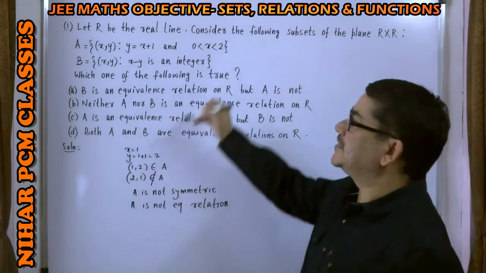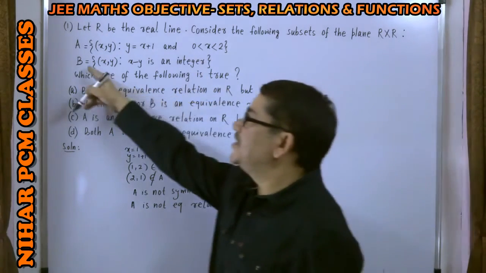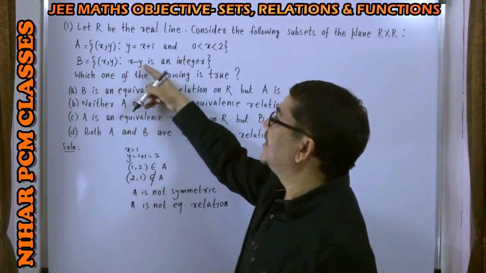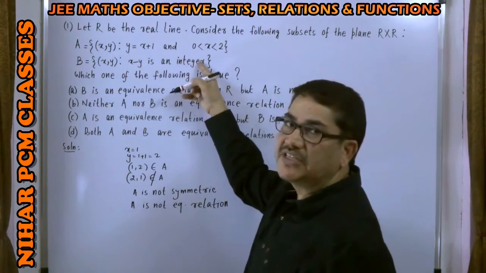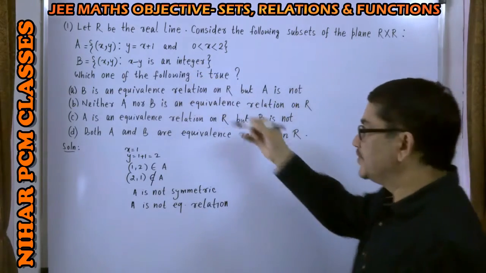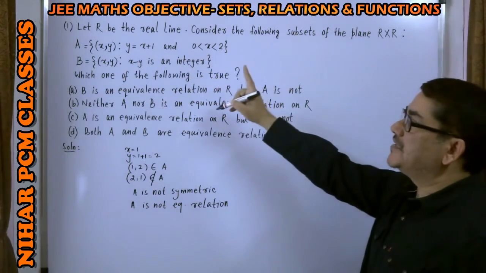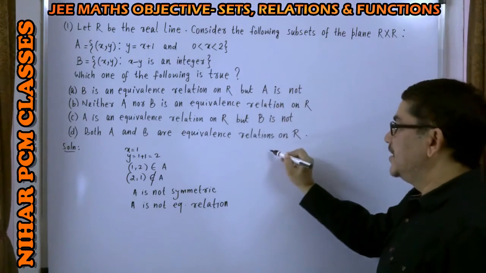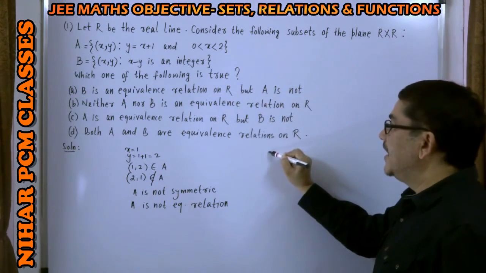Now after A, let's consider B. What is B? B contains ordered pairs (x, y) such that x minus y is an integer. So let us discuss it. First, let's see whether B is reflexive or not. Take x, an integer.